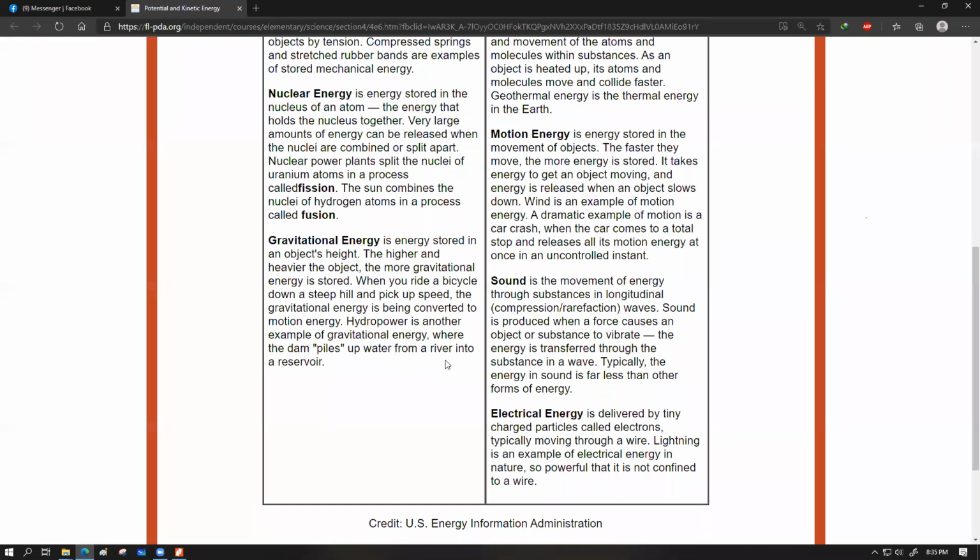As the person goes downhill, that potential energy, considering air resistance is not taking up any part of it, so that's the default we have to consider, I'm assuming that all the GPE would be converted into KE, considering air resistance is not there. In that case, the potential energy that was stored within the person, as the person is going downhill, will be converted into kinetic energy of the same person. So you're going to have the same amount of energy stored within the person's body, but potential will decrease, kinetic will increase.